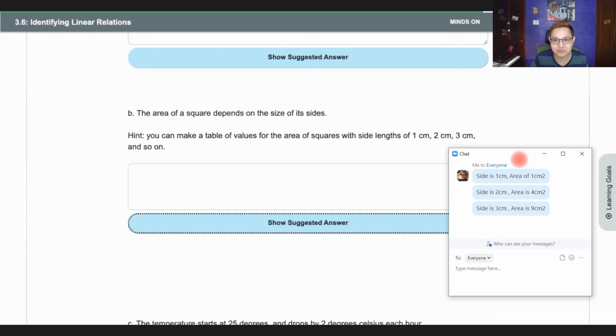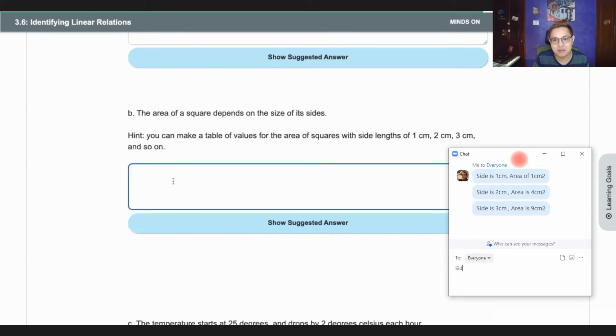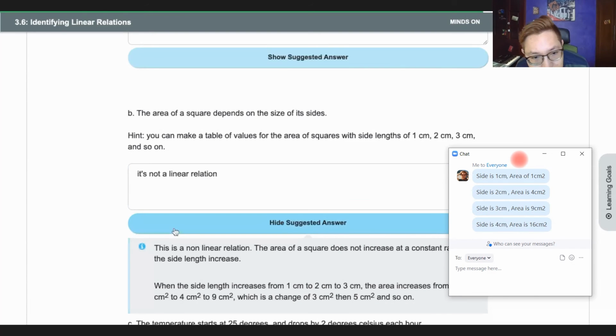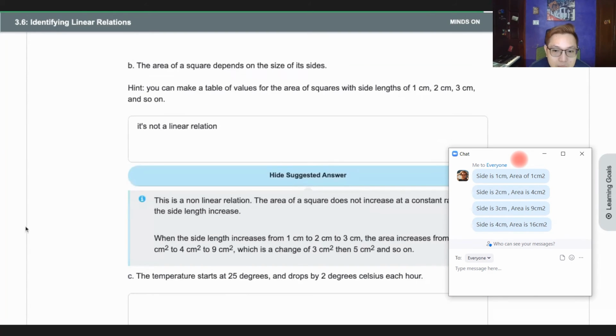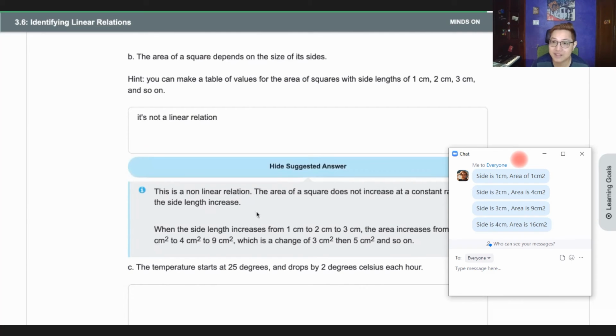And so on. So it's not a linear relation, because it follows something called an exponential relationship. It's not linear, it's exponential. You will learn it later.